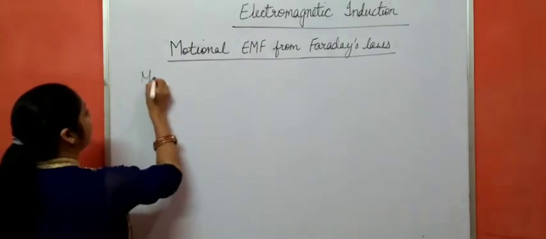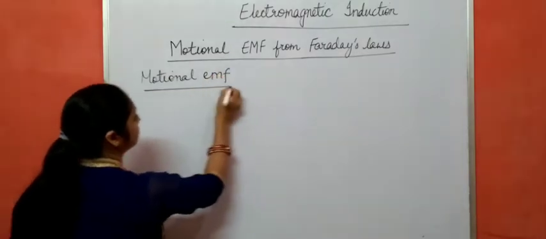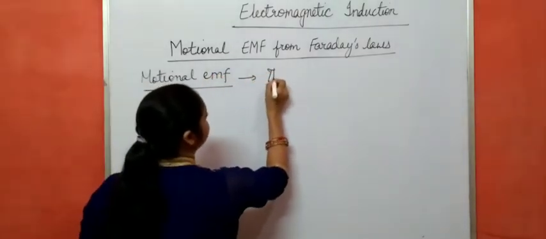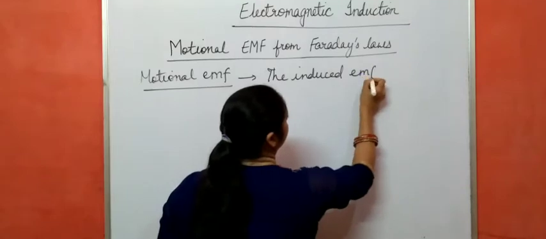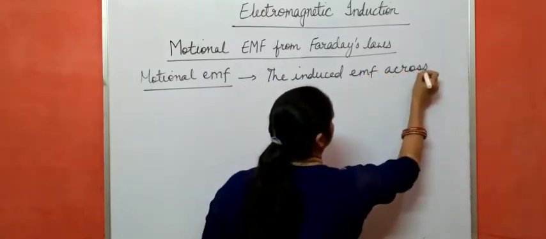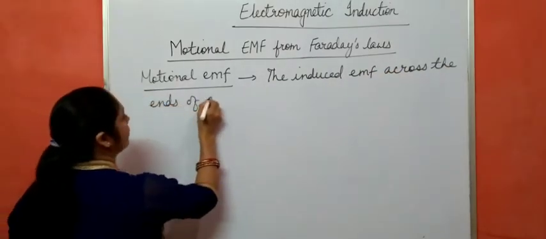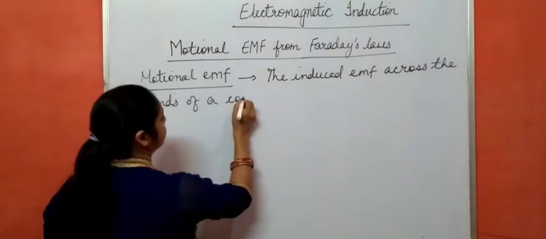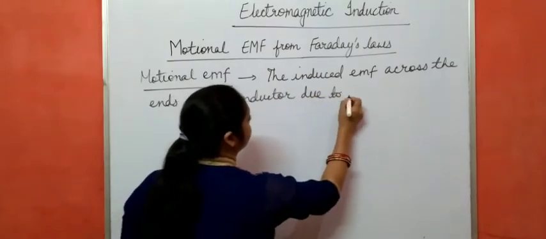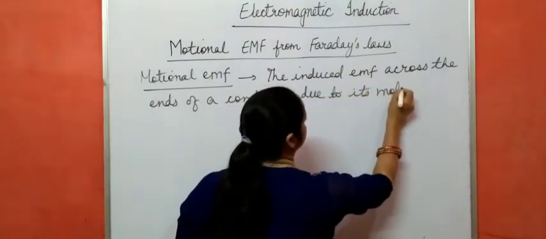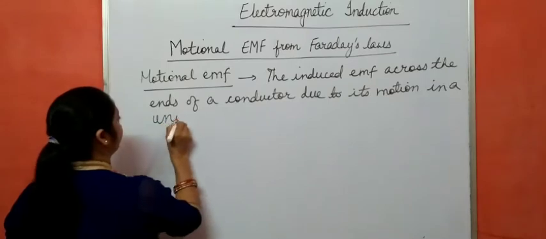You write down. What do you mean by motional EMF? The induced EMF across the ends of a conductor due to its motion in a uniform magnetic field, right?